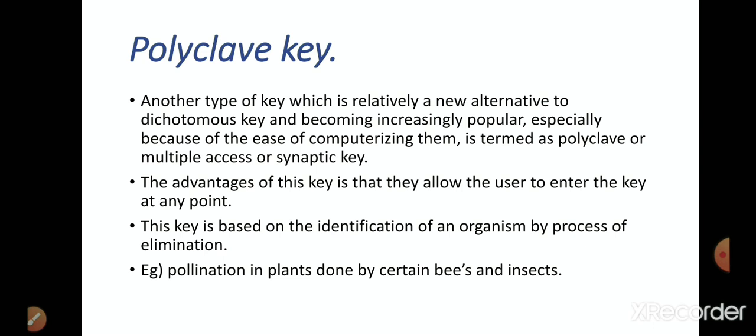This polyclave key is computerized, so that we can easily find the unknown organism by clicking one button, whereas the dichotomous key is a written document, so identification of an unknown organism may be difficult for the user, because each book doesn't carry all characters or all species on the earth's surface.